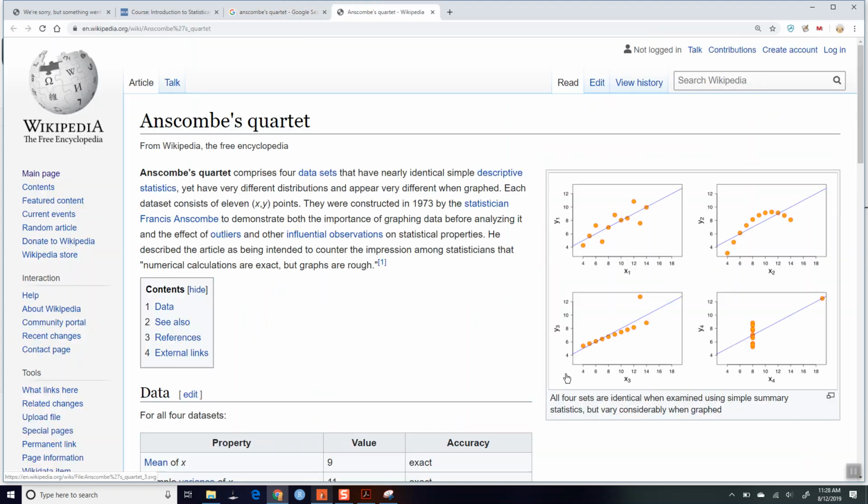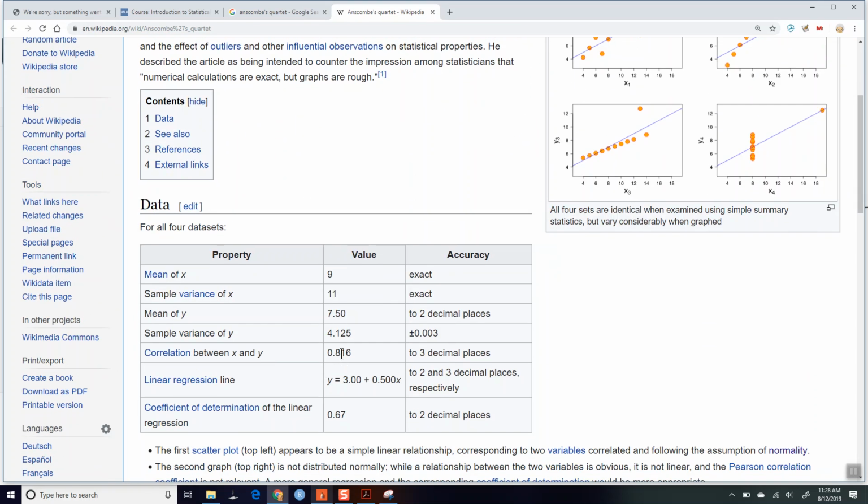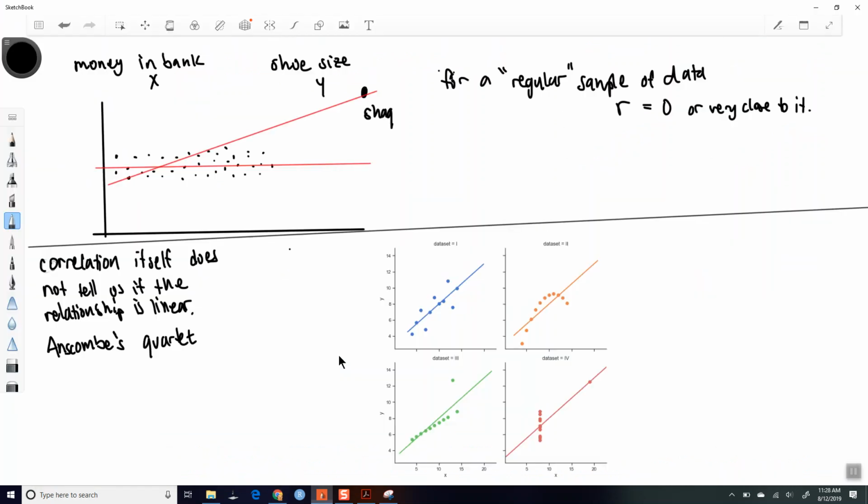Let me see. So you can look this up. Okay, yeah. So all four plots have the same mean, the same variance for x and y, and the same correlation of 0.816. Okay? So all four plots have r equal to 0.816.